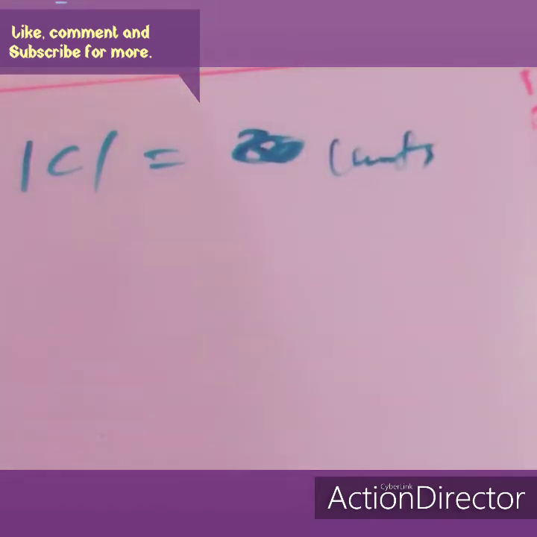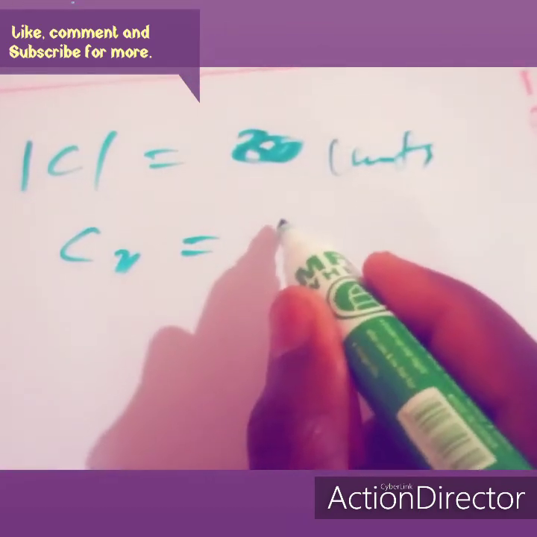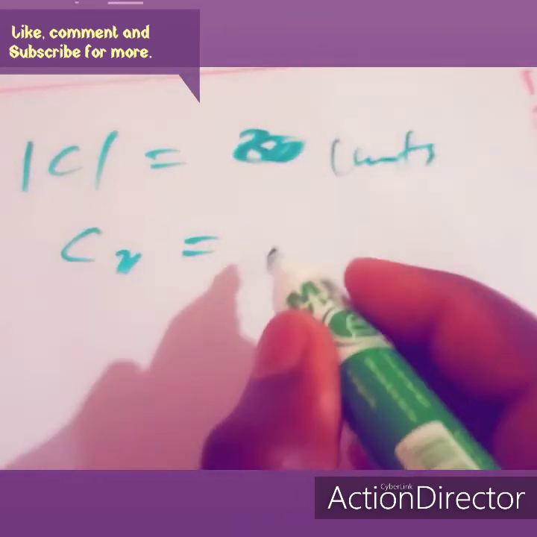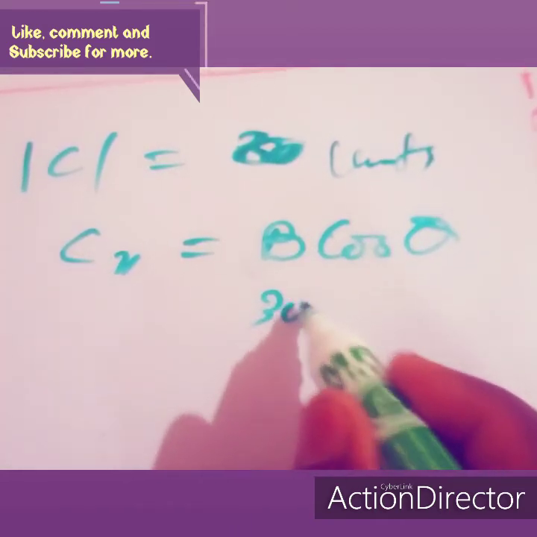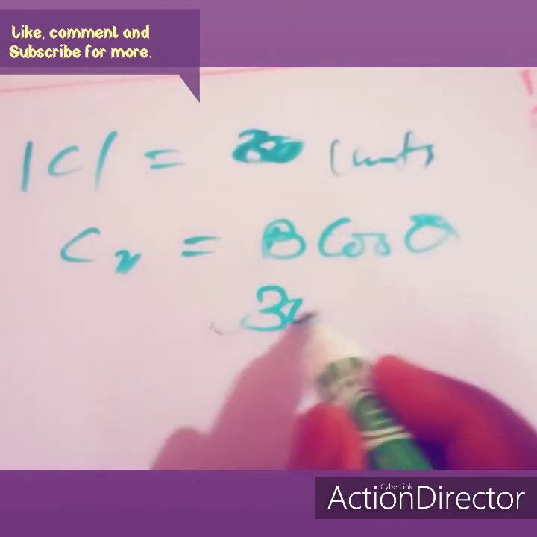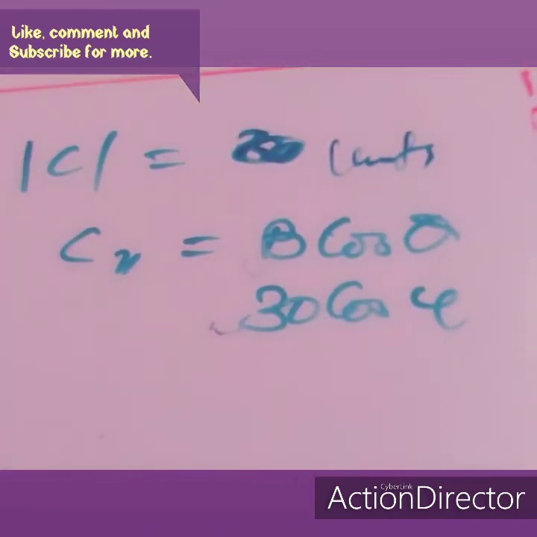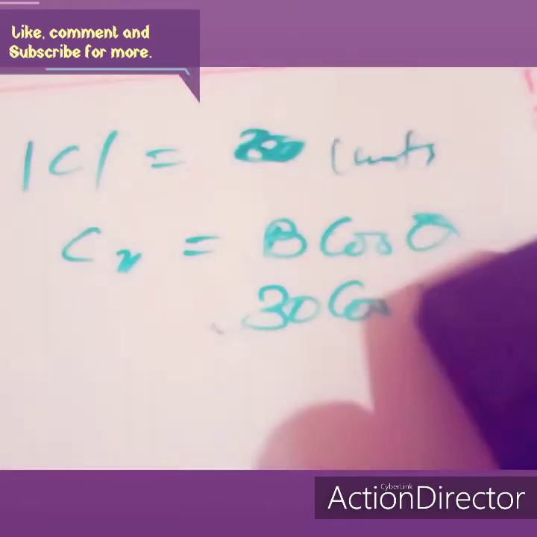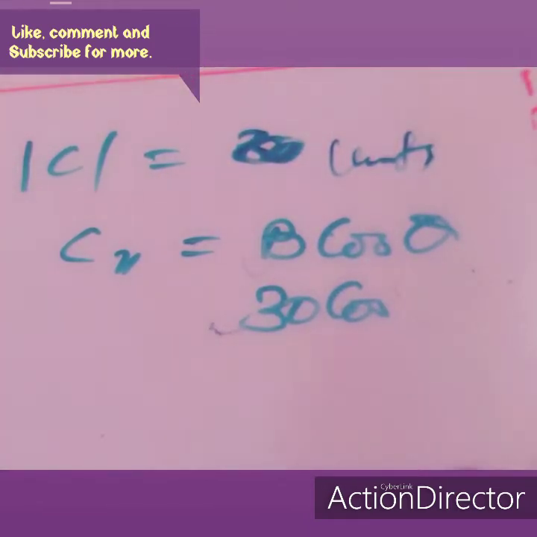So our C in the x-axis will be B again cos theta, so it's 30 cos, now we will not use 45, but we'll say cos 360 minus 45.